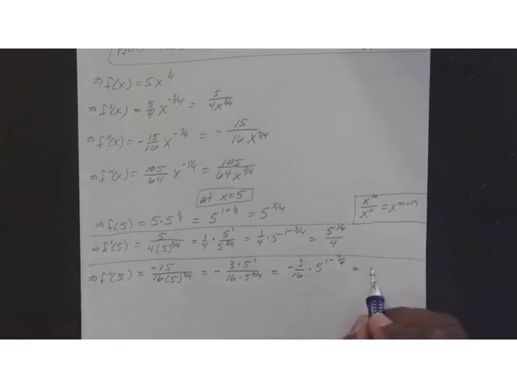So we can write that as negative 3 divided by 16 times 5 to the 3/4.